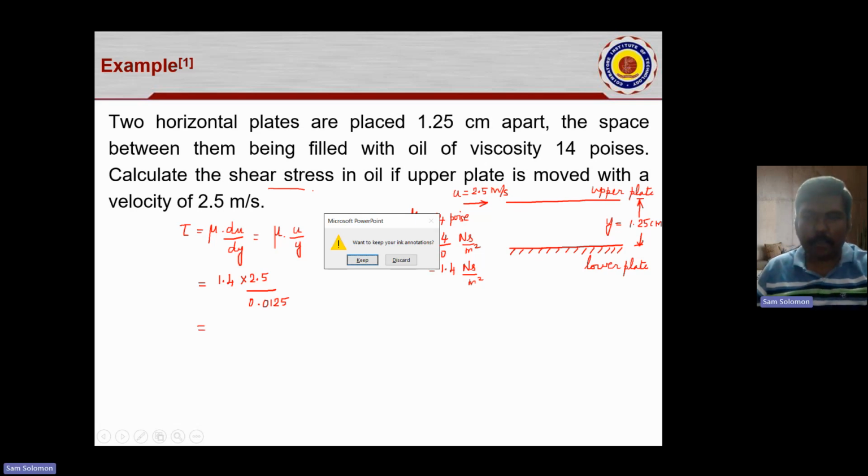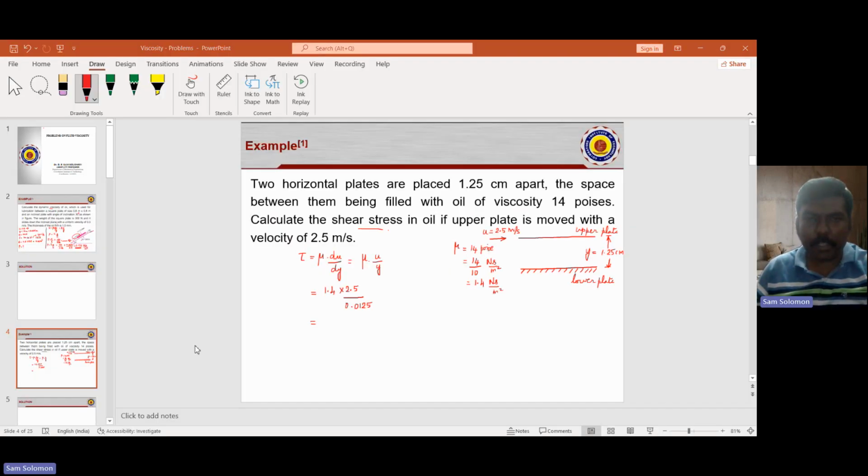So let me use the calculator and see what we get. That is 1.4 into 2.5 all divided by 0.0125. That is 280 Newton per meter squared. So that is the value of the shear stress that we get for this particular problem.